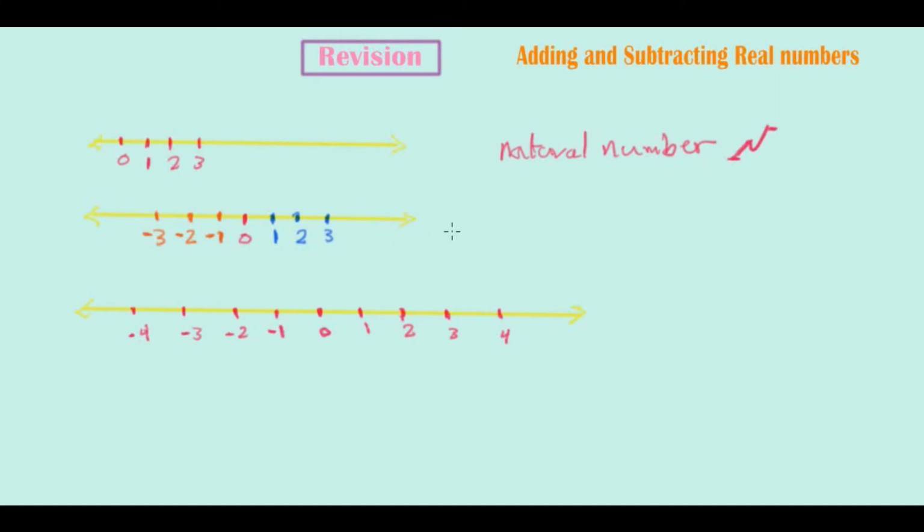After that we learned the set of integer numbers, and we symboled this set by the letter Z, and we said this set contains two groups of sets. One of them is positive, another one is negative numbers. So if we want to represent the set of integer numbers on the number line, we just need to add 0 in the center of our number line.